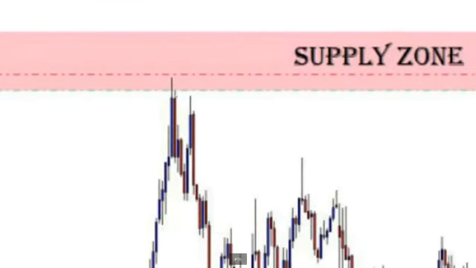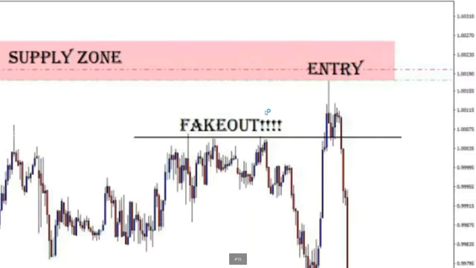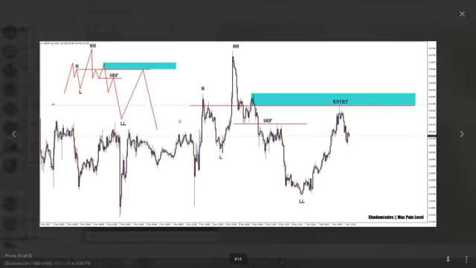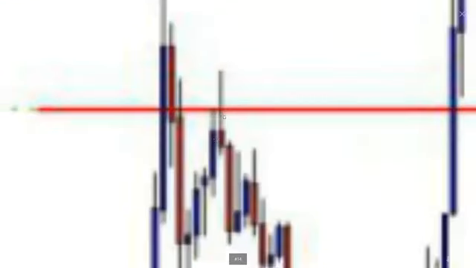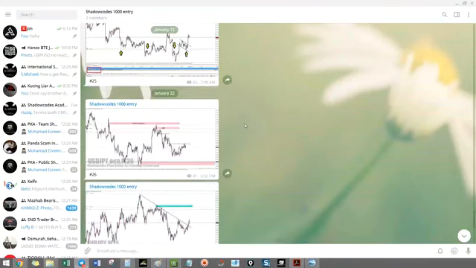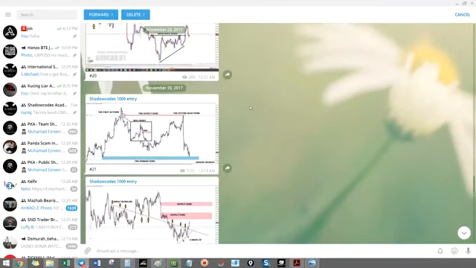One, the ST1. Entry. 0 float. This one also, ST1. Entry. So I will send you a few ST1 entries.